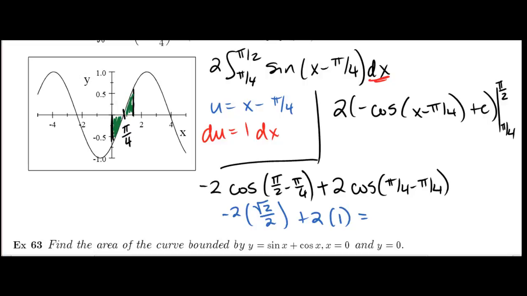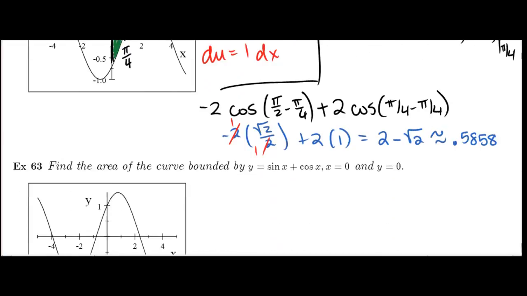So simplifying here, 2 divided by 2 is just 1. And putting them in different order so that the negative comes second, we end up with 2 minus the square root of 2, which is approximately 0.5858 if you want a decimal. It's usually better to just leave it as that exact form though.